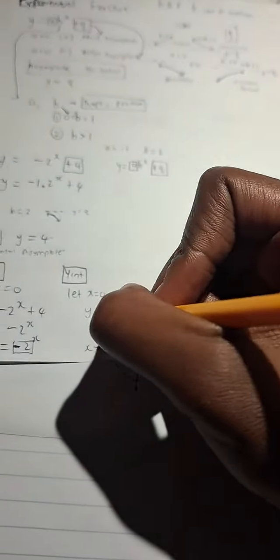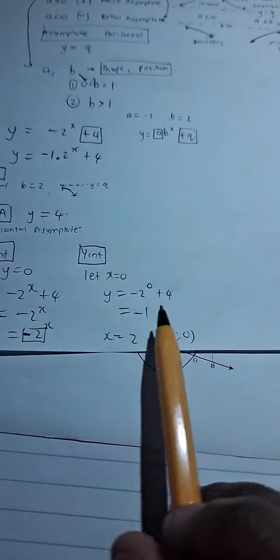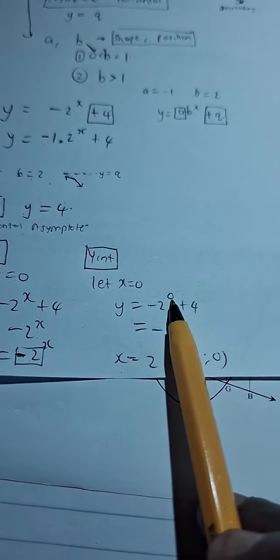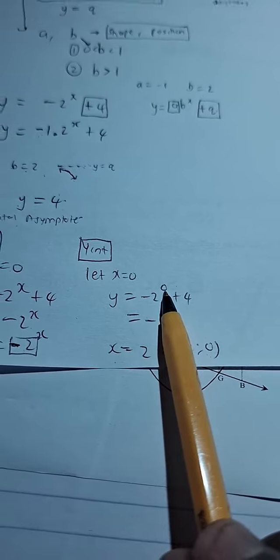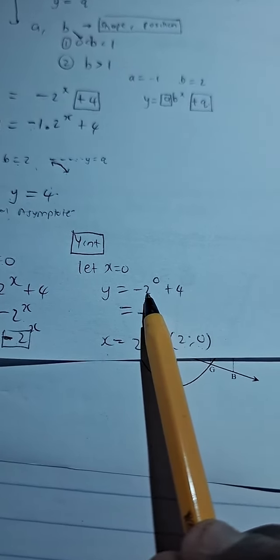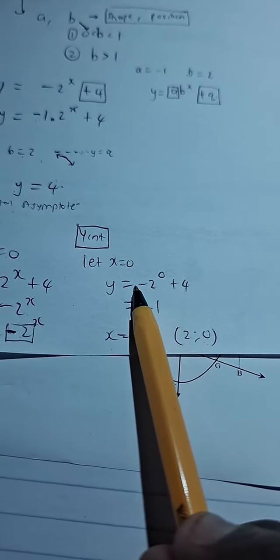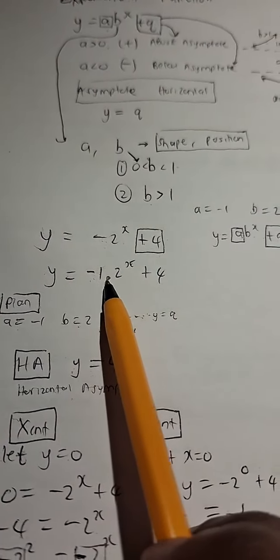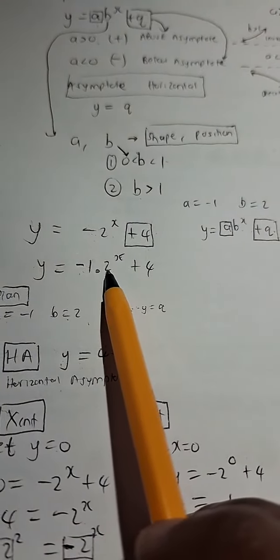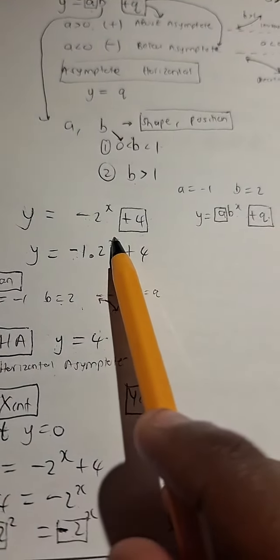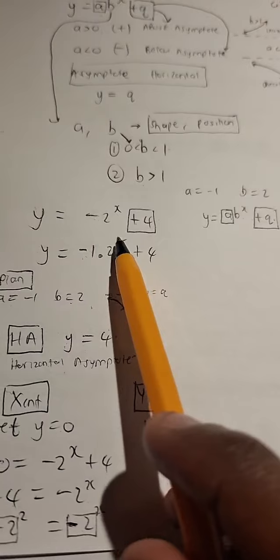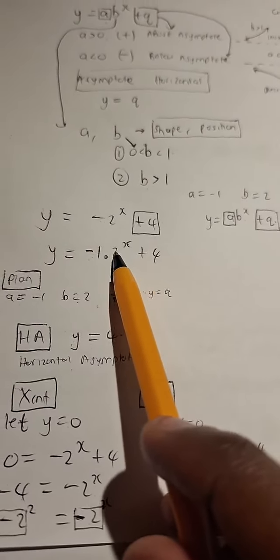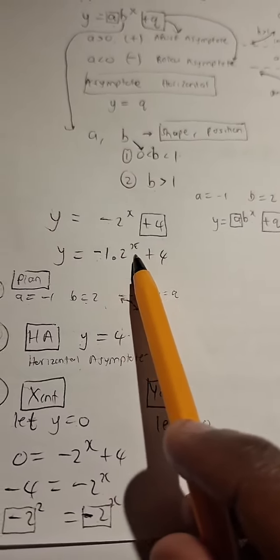I hope we all understand that this even exponent will apply to the 2 only, not to its negative side. You'll remember, guys, I said to you, what's this? Negative 1 times 2. So when I substitute 0, this exponent 0 will apply to the 2. 2 to the power 0 is 1.